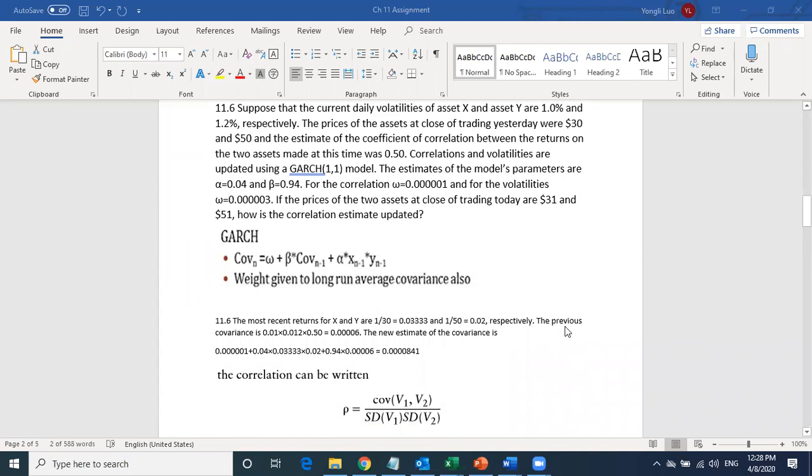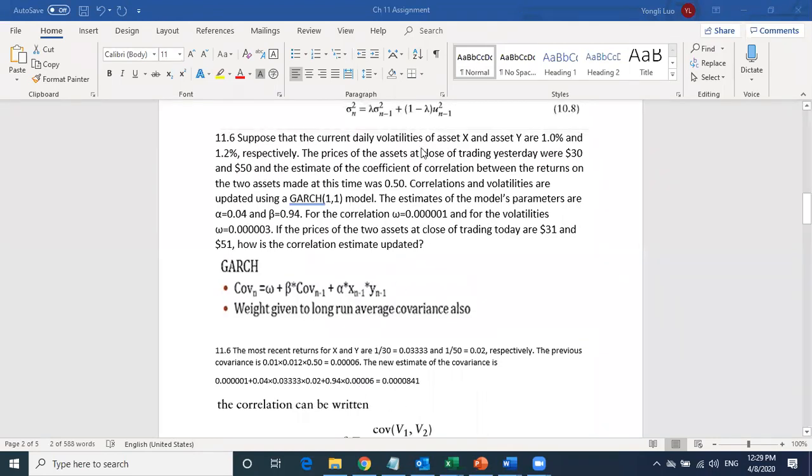And the previous covariance, okay, we can do it. This is the numerator. Remember, you calculate it based on the correlation times the daily volatilities, 0.01, which is 1%, and 0.012, which is 1.2%.